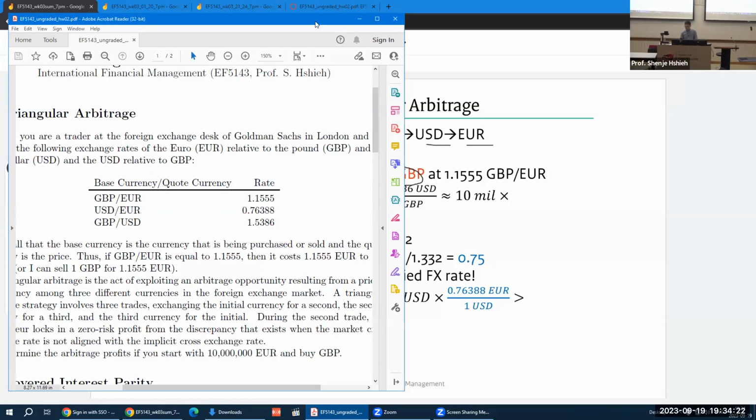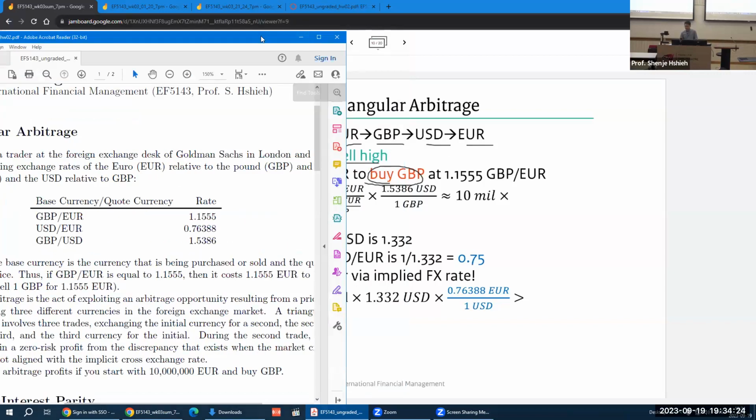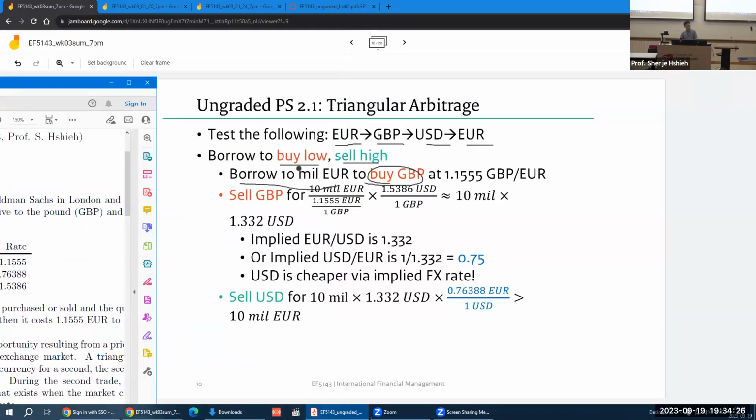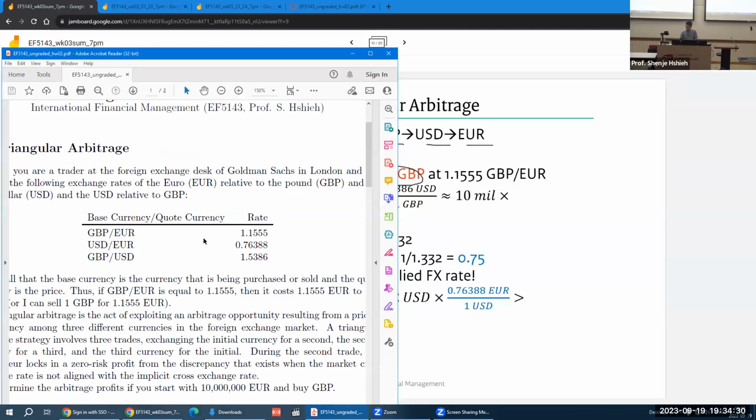I guess this one should be buy cheap, sell expensive. Okay, so anyways, let's just do it that way. All right, so I borrow from this equation here, on this row here. I'm going to borrow euros, and I'm going to use the euros to buy British pounds, pound sterling.